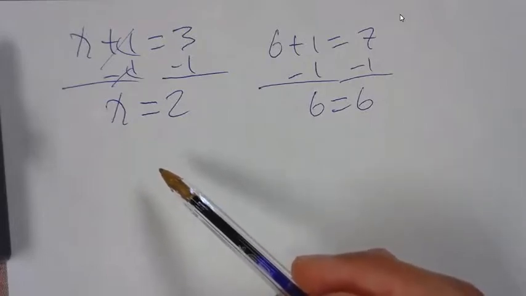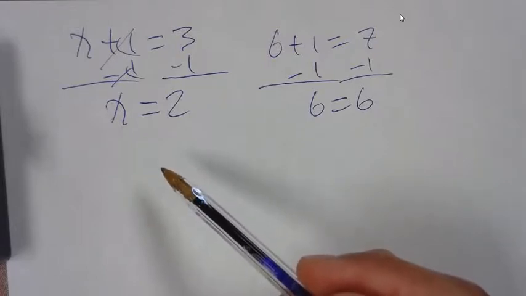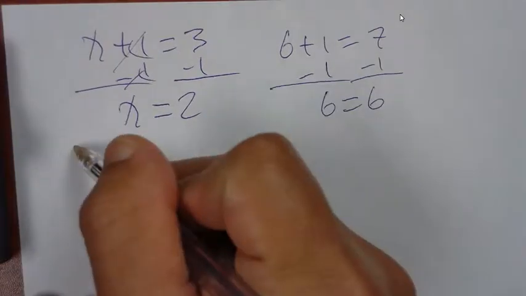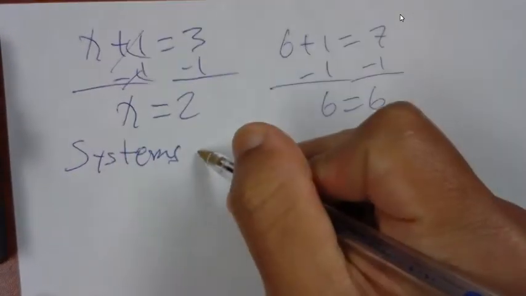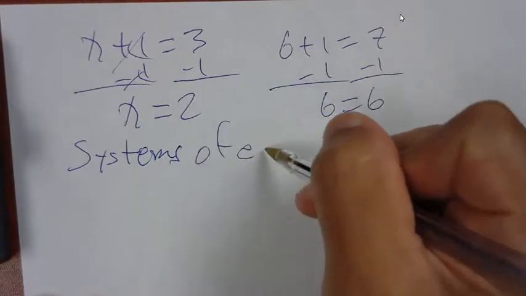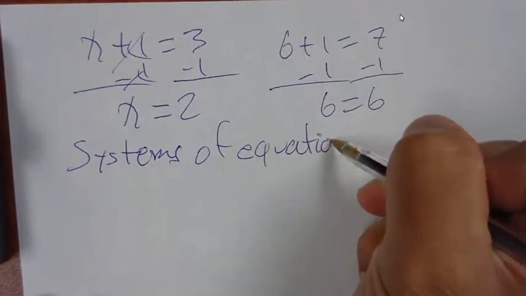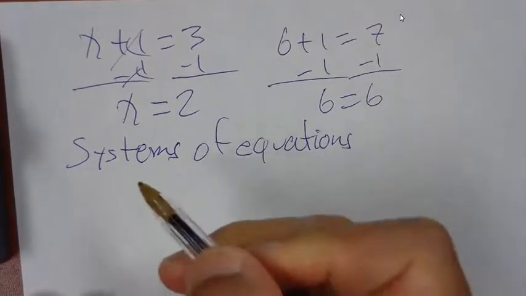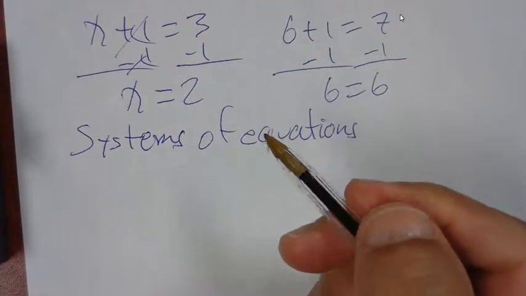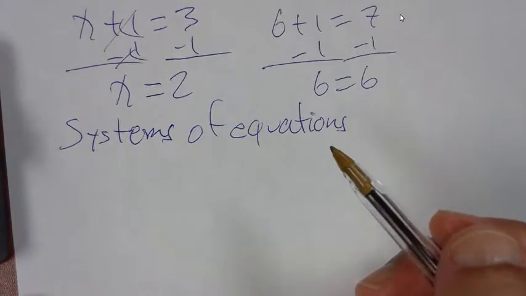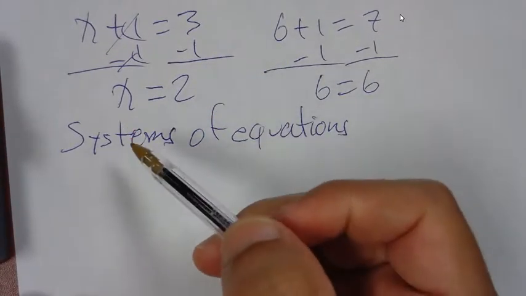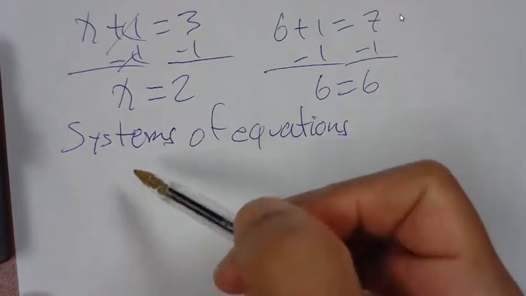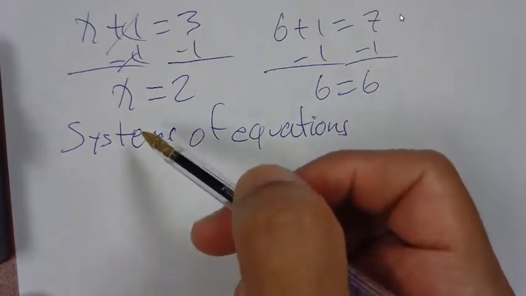In the previous section, 13.1, we talked about solving systems of equations. And that means we're going to be working with more than one equation at a time. And in this case, just two, but you could work with more than that.